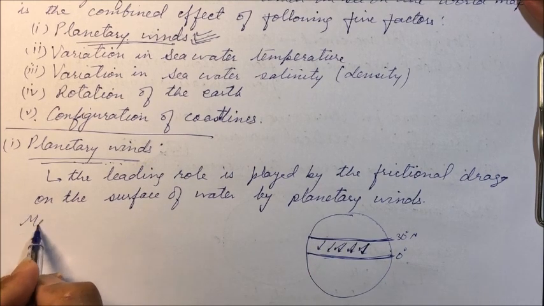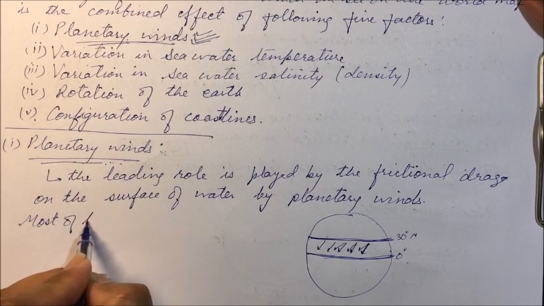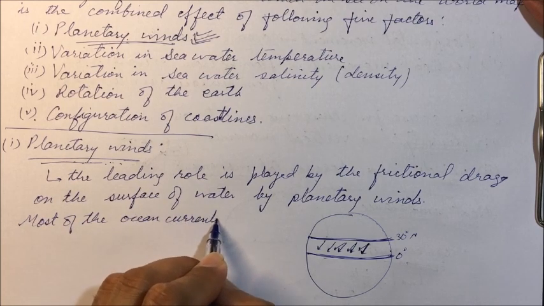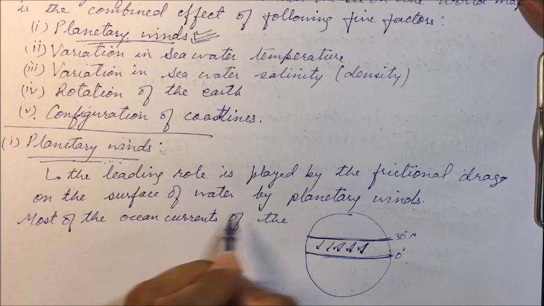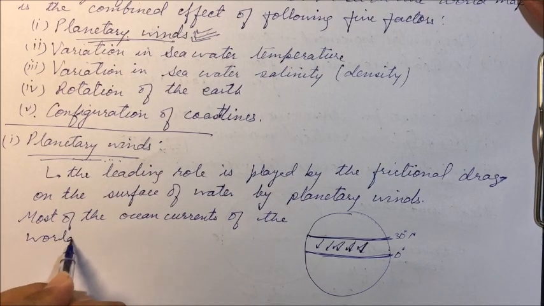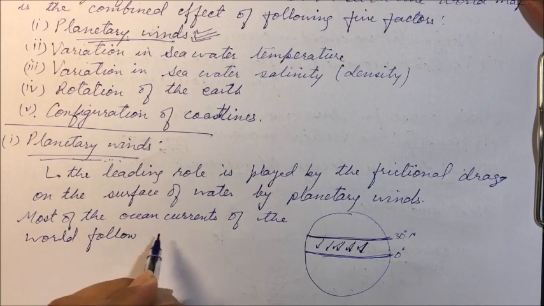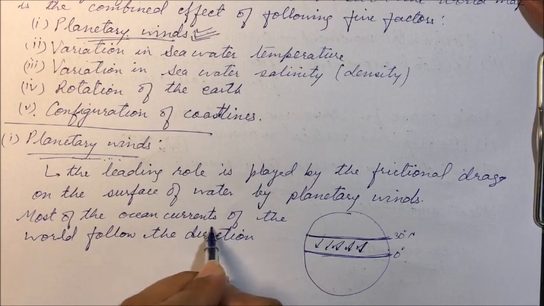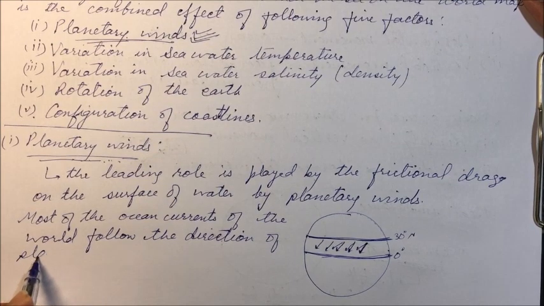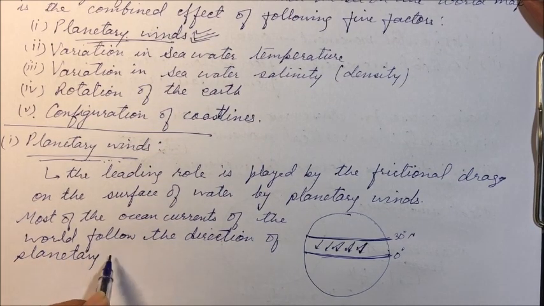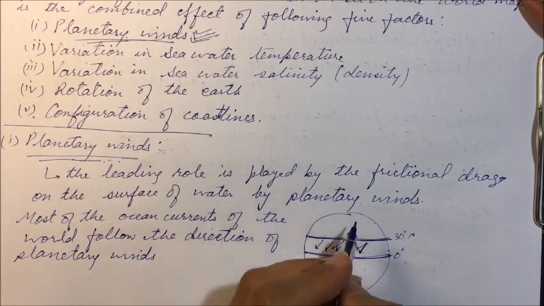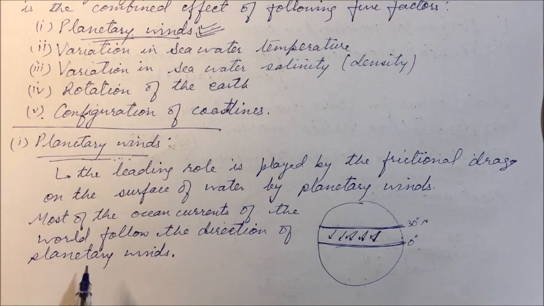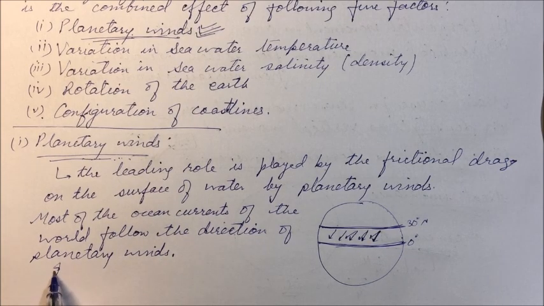And most of the ocean currents of the world follow the direction of planetary winds. Ocean currents mainly follow the direction of the planetary winds, and this we can mainly witness in the Indian Ocean.